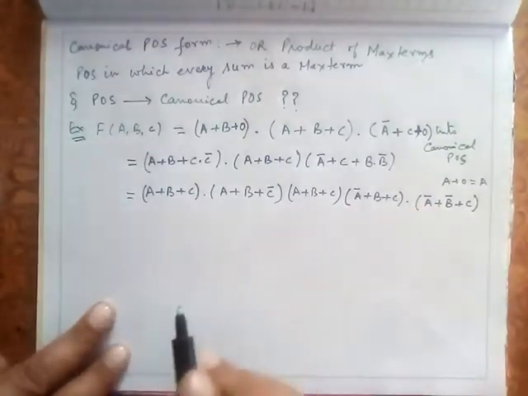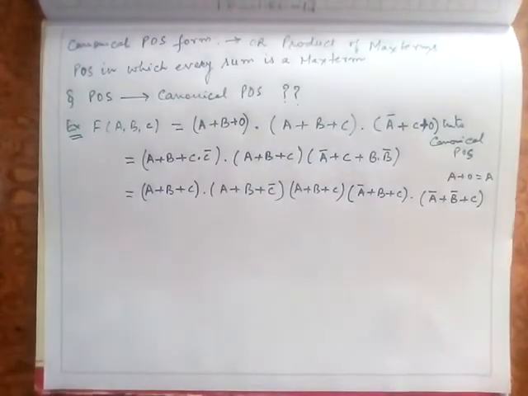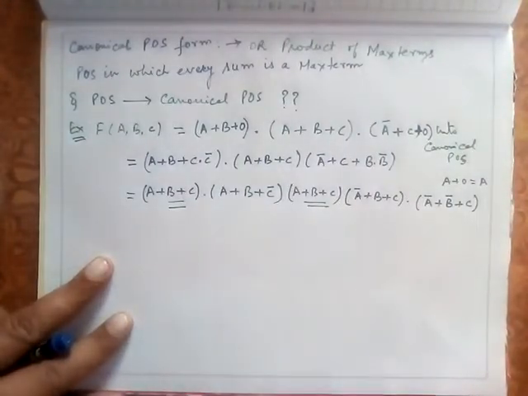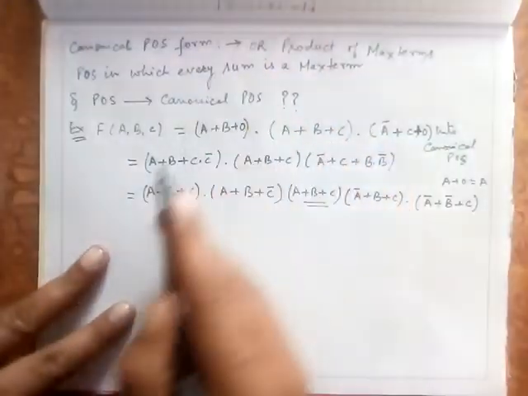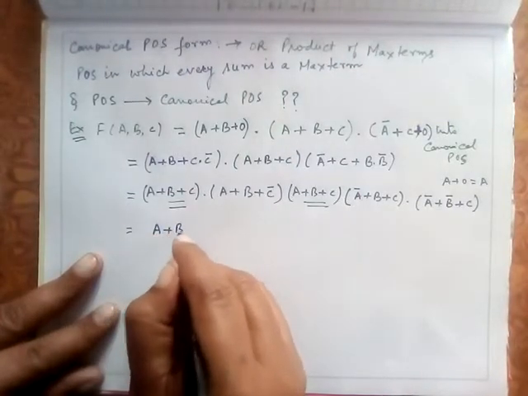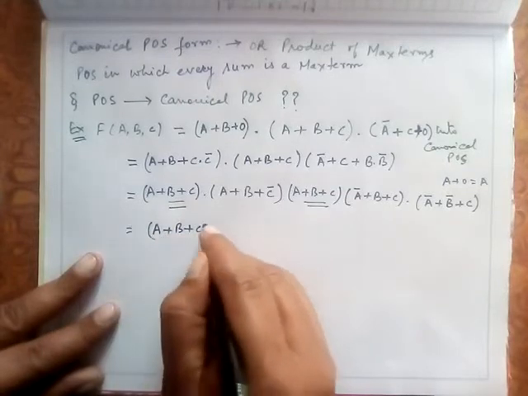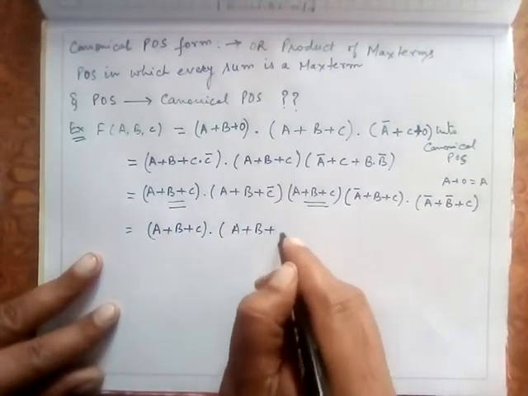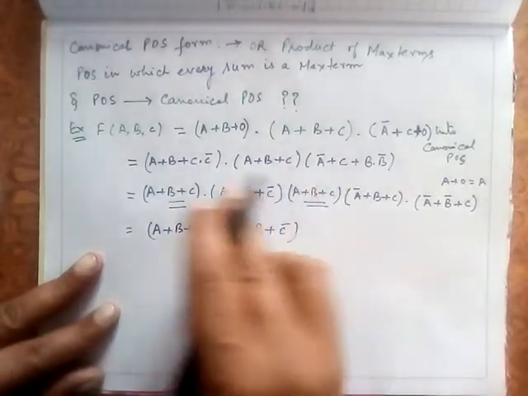Again, I check if there is any repetition here. Yes, there is a repetition here, this is repeated, and I write it only once. So I write a plus b plus c dot a plus b plus c bar. This one I have already written.